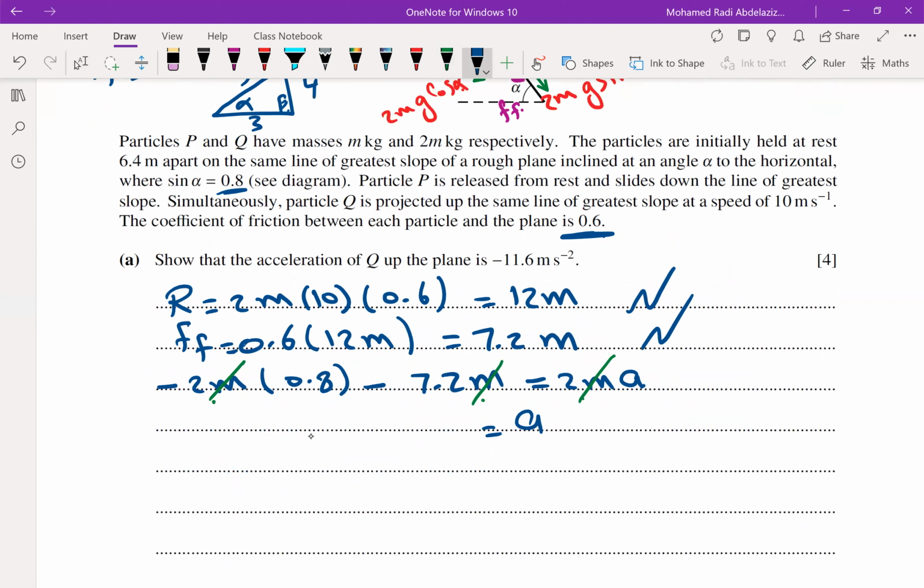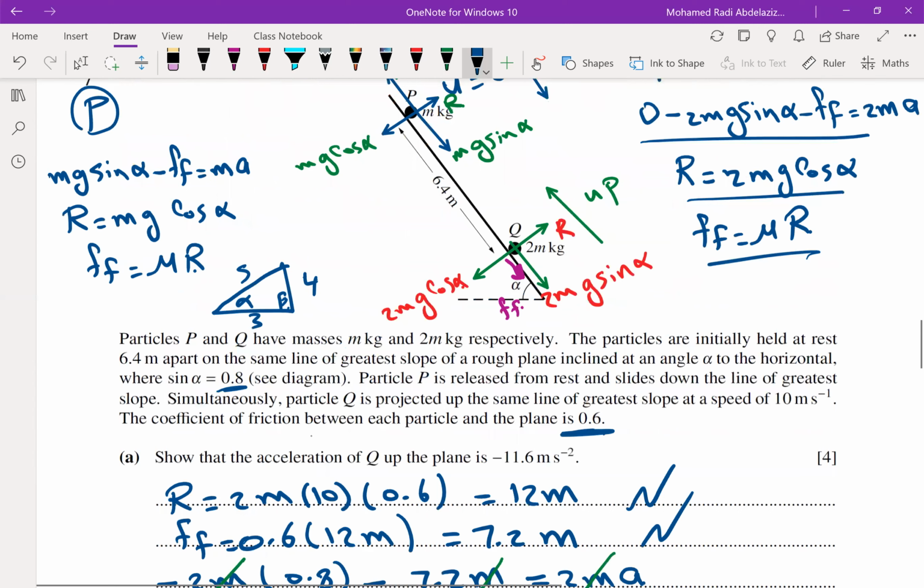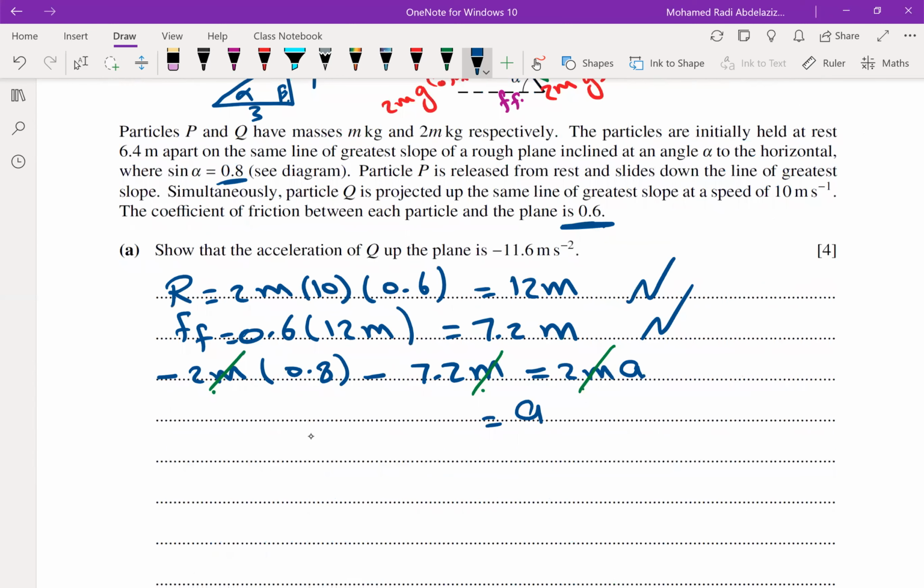The value of a will be negative 2 times, I forgot to write g, which is 10 here, negative 2 times 10 times 0.8 minus 7.2, then divide your answer by 2, so it is negative 11.6, correct.